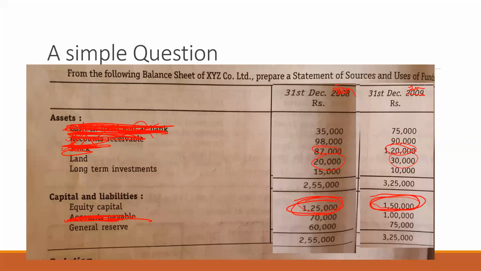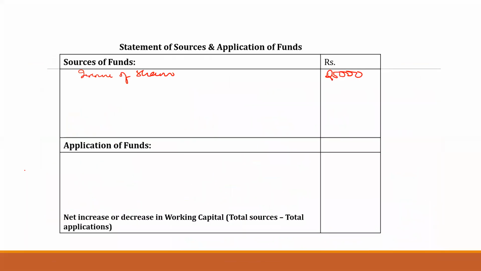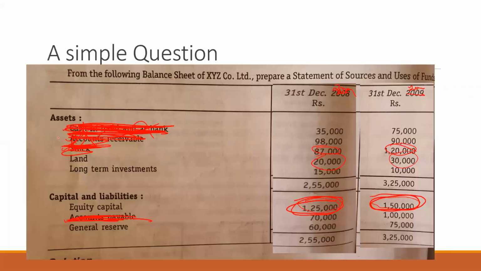Sale. So where are we going to write that? Source. Sale of investments, 5,000. You're getting the point. But this is not the problem. When many adjustments come, that is when it gets confusing. But it is very easy.